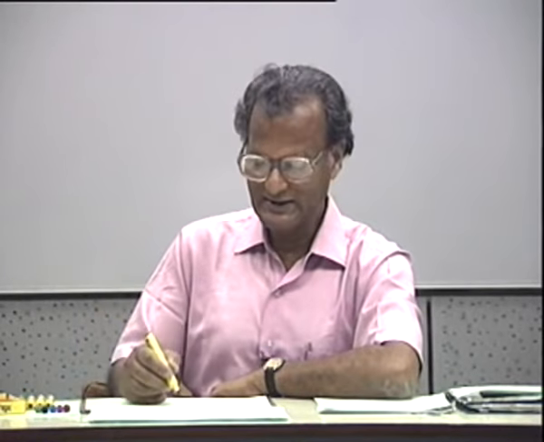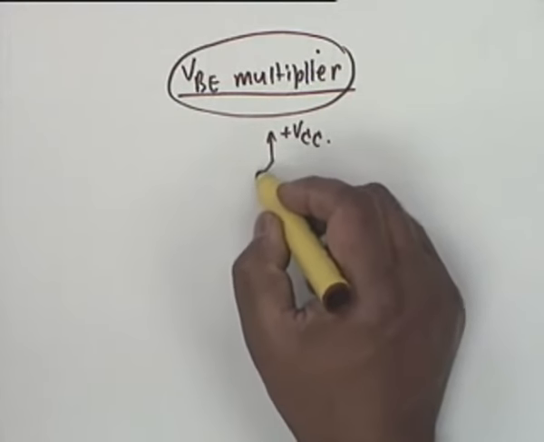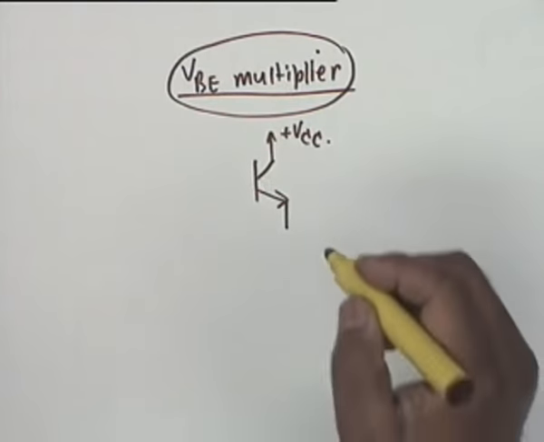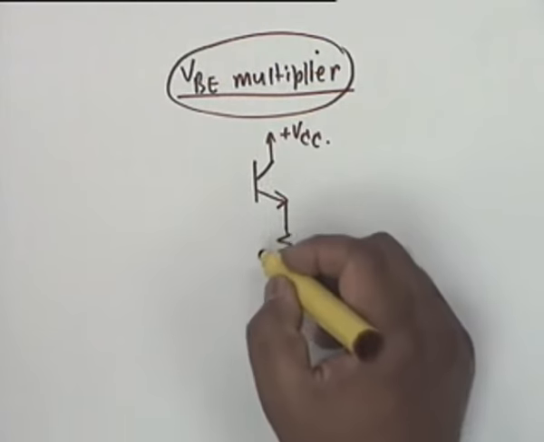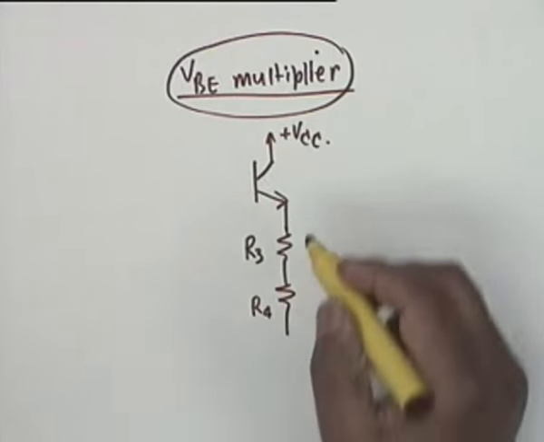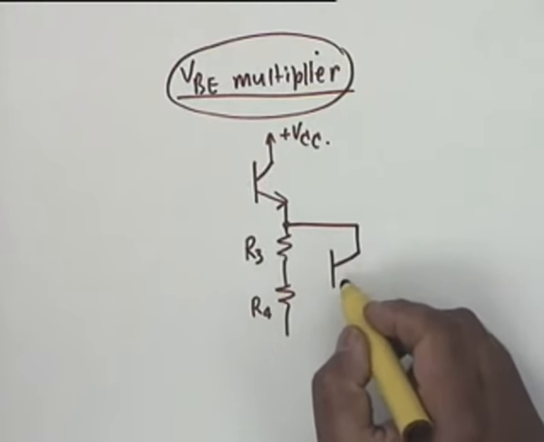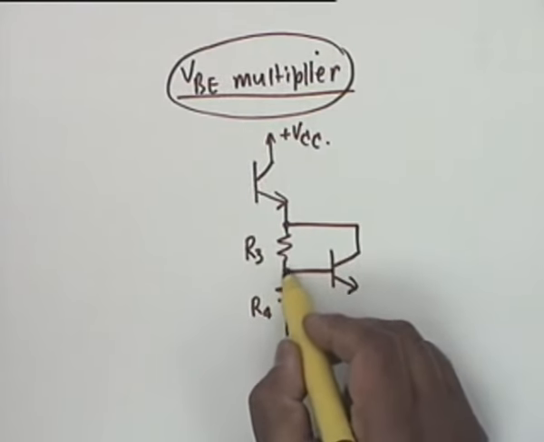And the circuit is this. Please draw with me. Not very complicated. We see the same emitter follower. Instead of R1, you have a VBE multiplier, and the circuit is like this: R3, R4, and then you have a transistor like this, whose base is supplied from here.